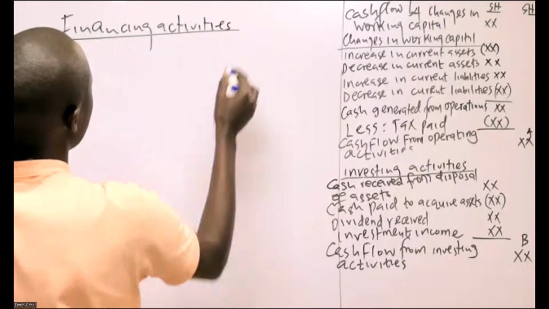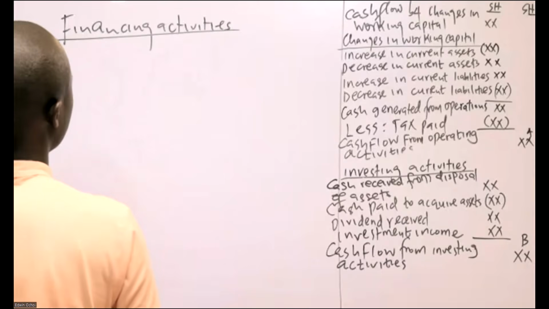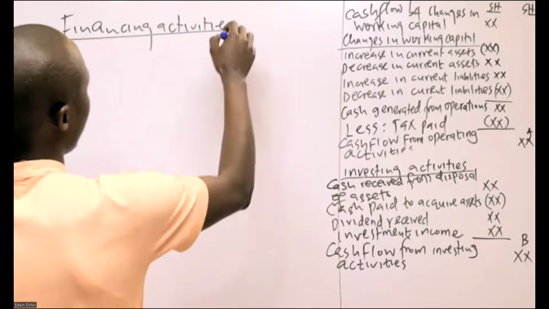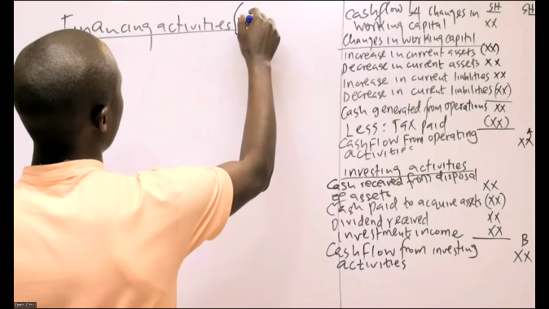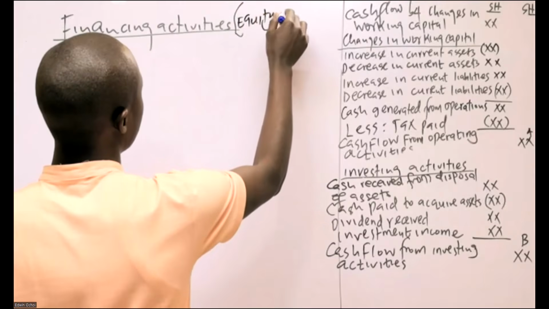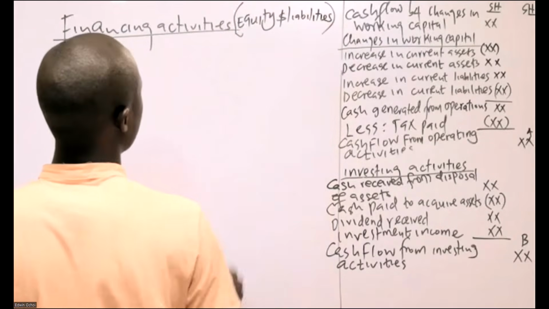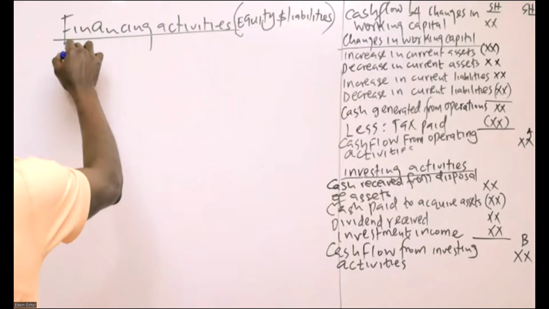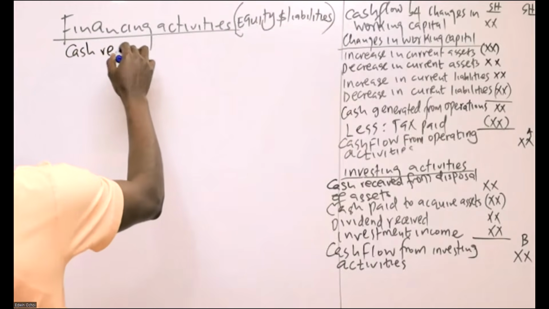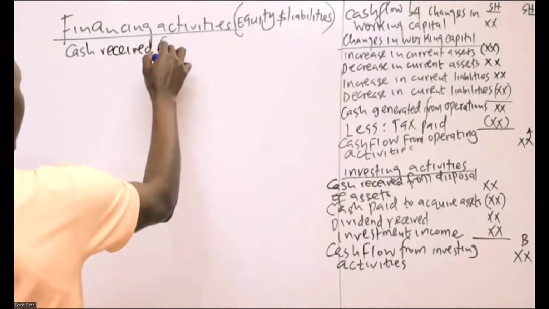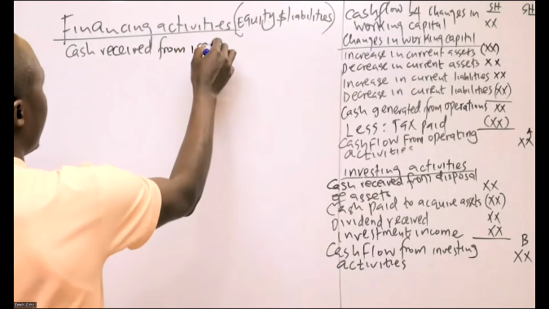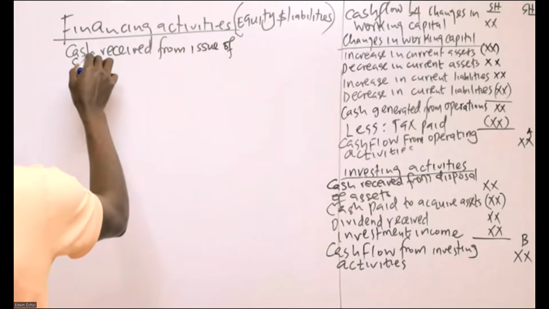For the financing activities, mostly we focus on the items under equity and liabilities. That is where we focus most. Because now you can receive cash, received from where? From issue of shares.